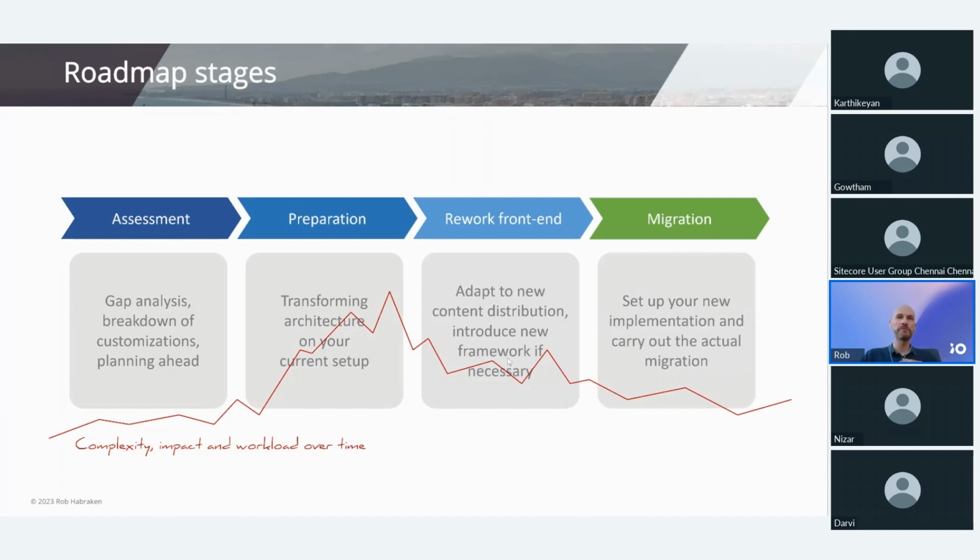The migration itself shouldn't be that difficult because it's still Sitecore. You can still reuse your content and all of your layouts. And if you have a fairly basic solution, there are not a lot of changes in there.